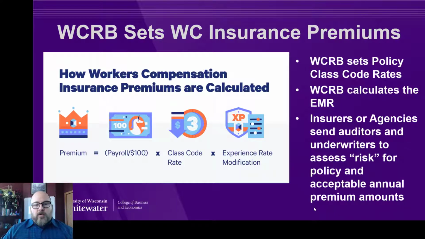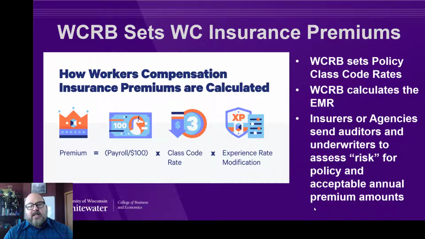Say a roofing worker, or roofing labor, I'm not sure what the actual policy class code term is, it could be $28 per $100 income, or basically payroll, in Wisconsin. You're like, wow, that's a lot. Yeah, in Minnesota it may be 25, in Illinois it may be 35. It depends on what the claim history has been in that state. That's how they set the class code.